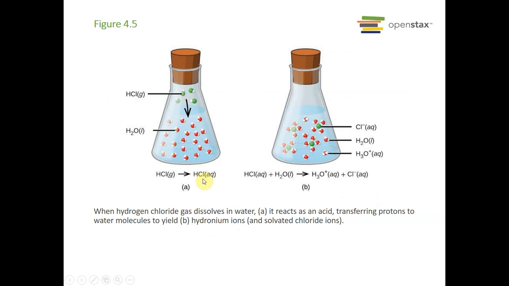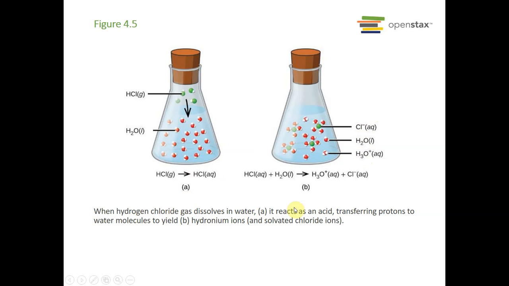So this is saying that you've got pure water and you've got gaseous HCl, and that gaseous HCl will get absorbed into the water, leaving chloride ions, water, and hydronium ions.